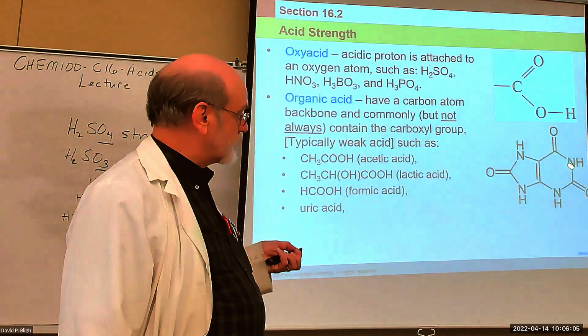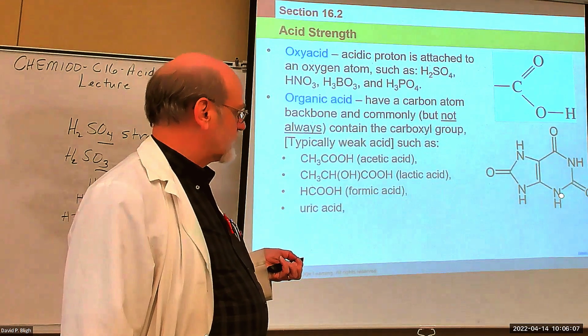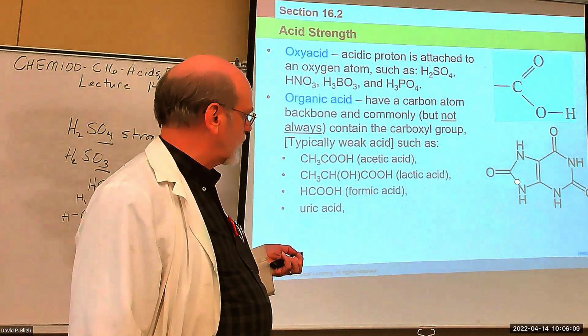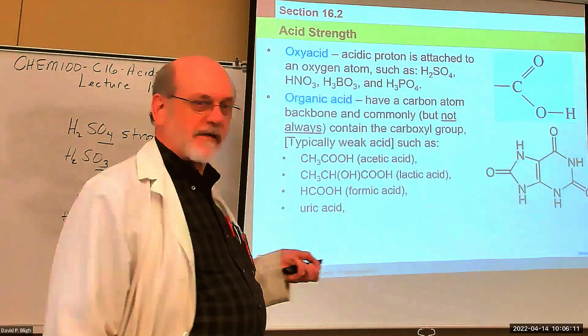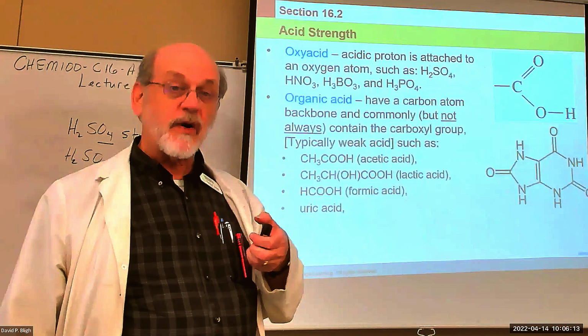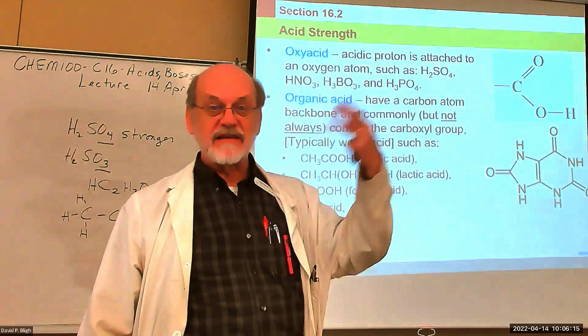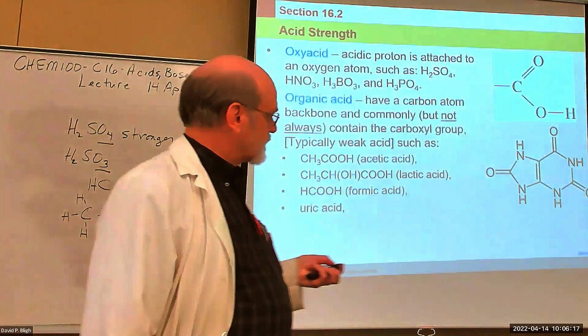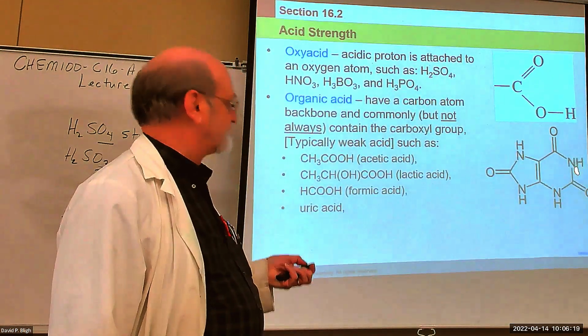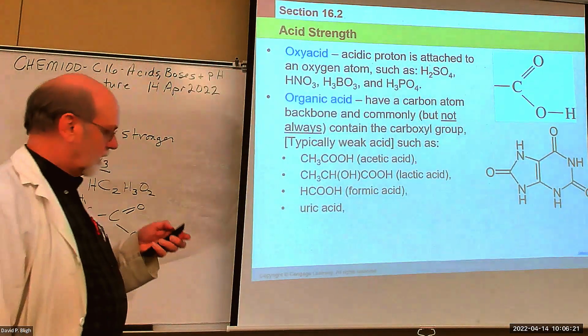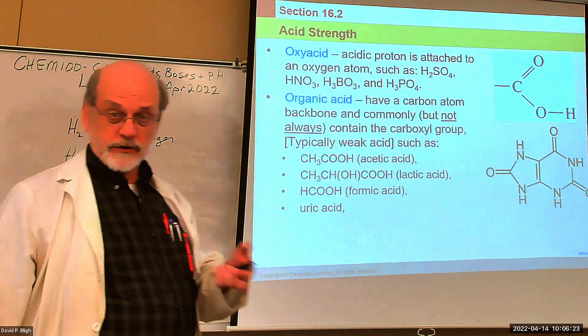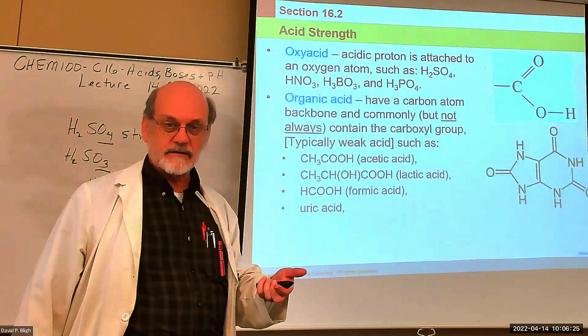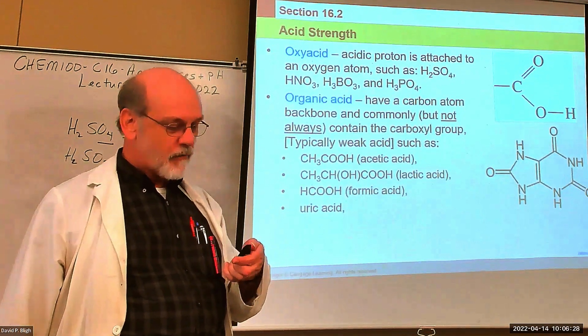Because it's got two oxygens on either side, whereas this one only has one oxygen and that one only has one oxygen there and there. So the one with two oxygens is probably more acidic. It's more likely to leave. So this is the acid hydrogen right there. It's called uric acid because it is an acid. It's a weak acid, but it's an acid.